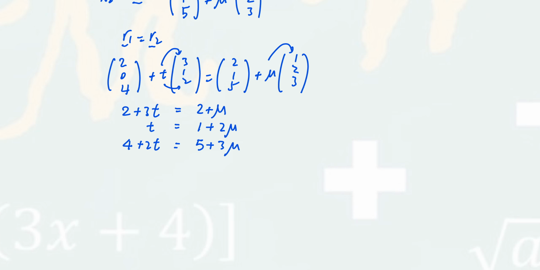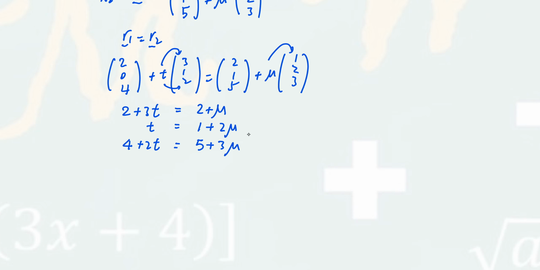Okay, then from here, I will have to solve any two of the equations to find two unknowns, first the t and mu. Then the remaining equation is for checking, because we want to show that they are not intersecting.